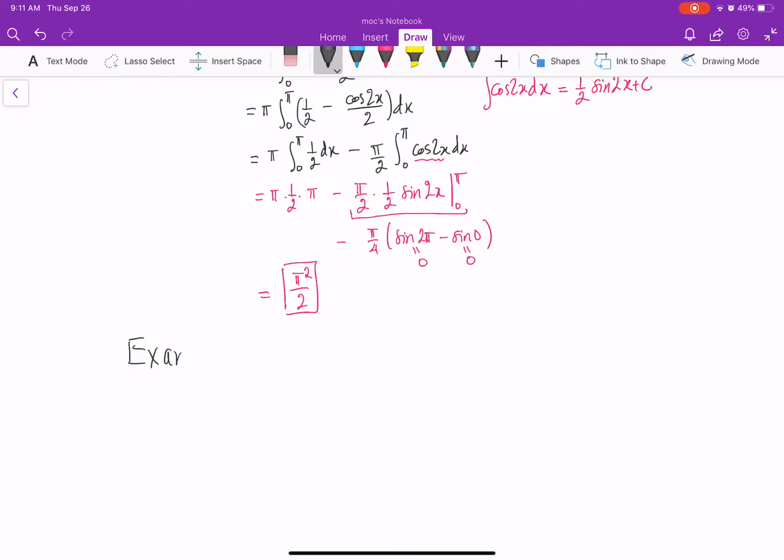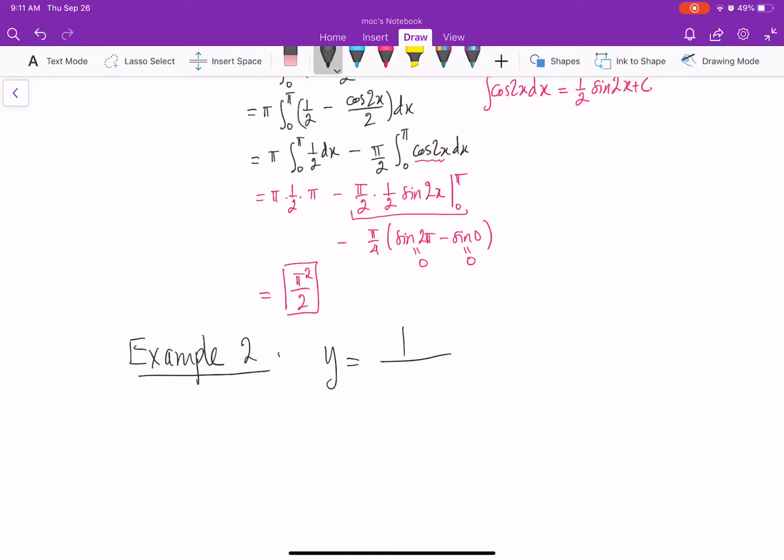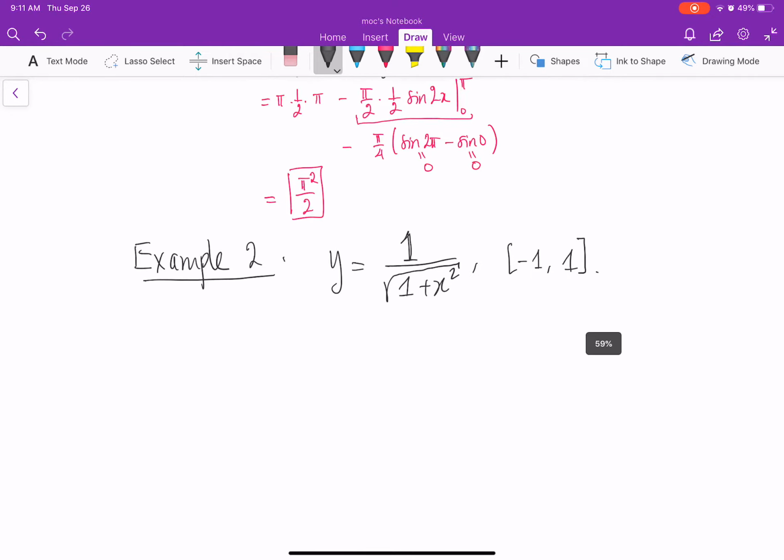Example 2. Now our function is y equal to 1 over 1 plus x squared, right? Let's take square root in here. And we consider the function on the interval -1 to 1, okay?